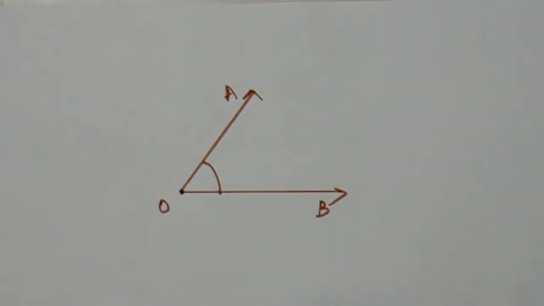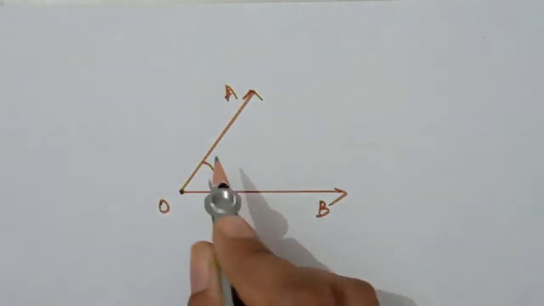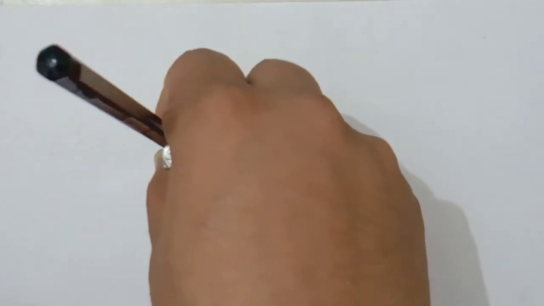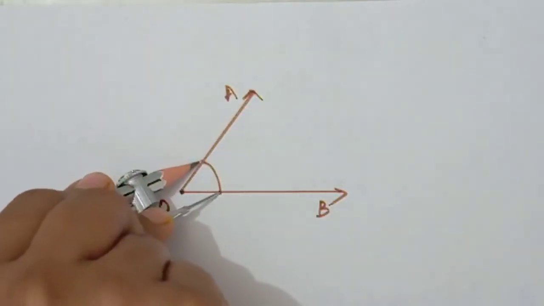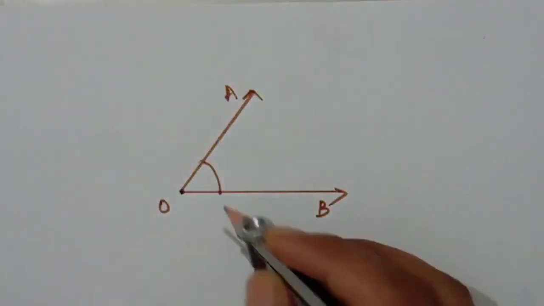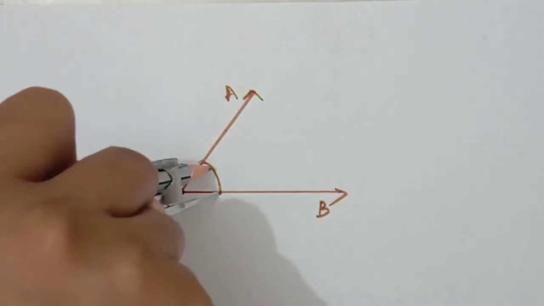Now we will revise how we will draw the angle bisector. The basic first rule is that we have to measure this distance. This is our total distance of this arc. So we should open our compass more than half of this distance. I opened my compass more than half of this arc.